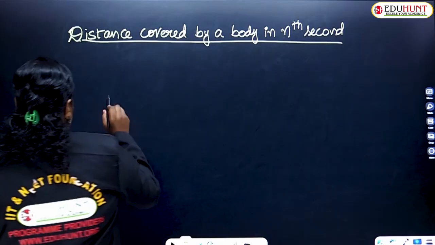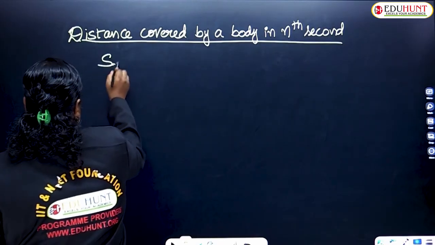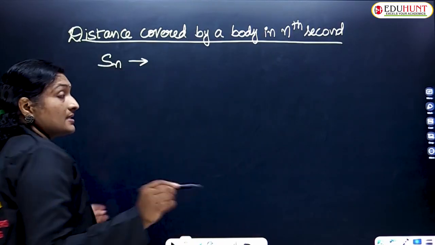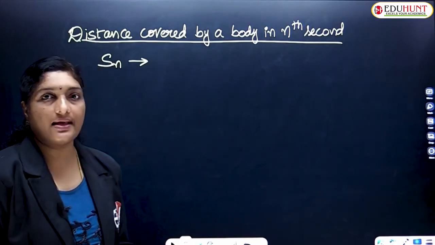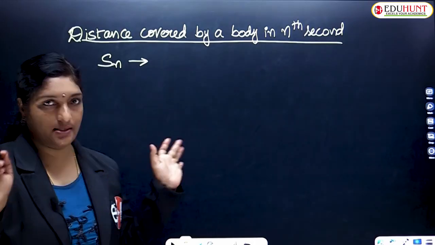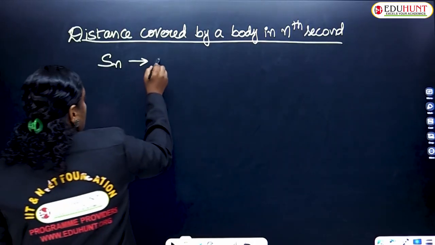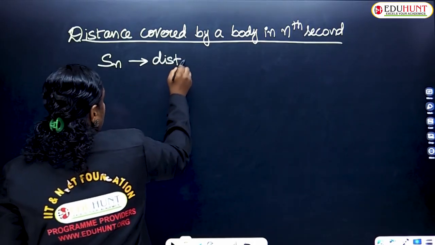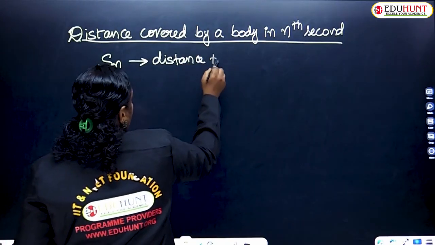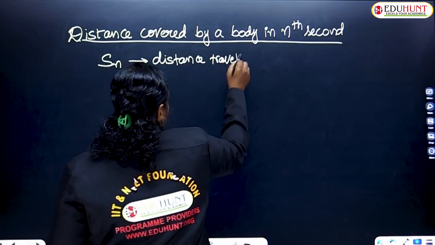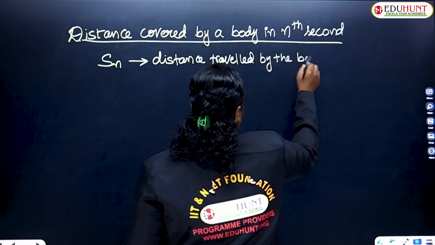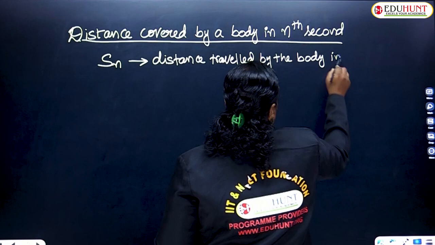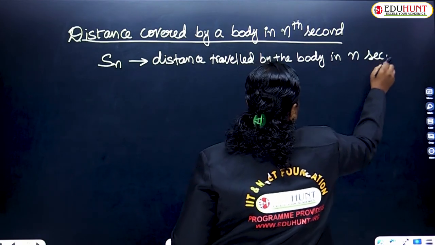Let us suppose Sn is the distance travelled by the body in n seconds; instead of t seconds, I have just replaced it with n seconds, any number of seconds.